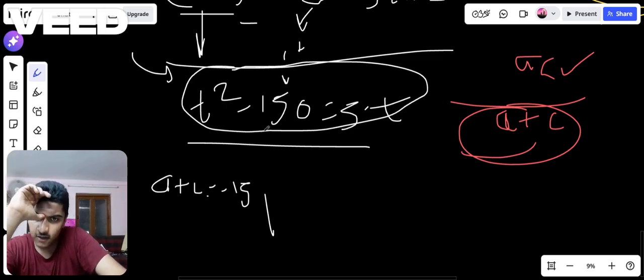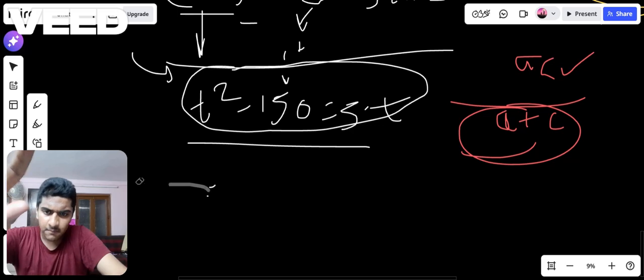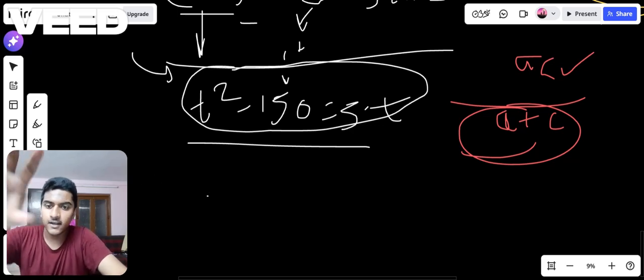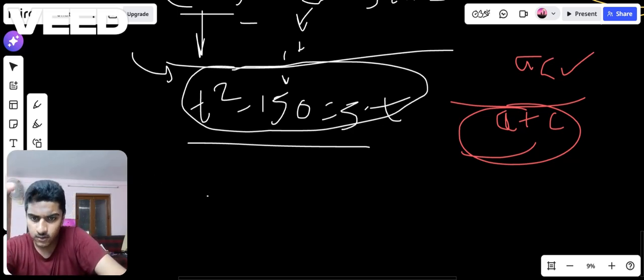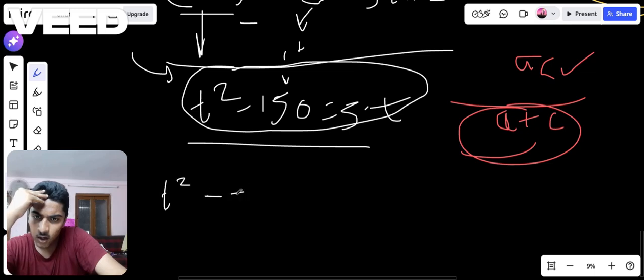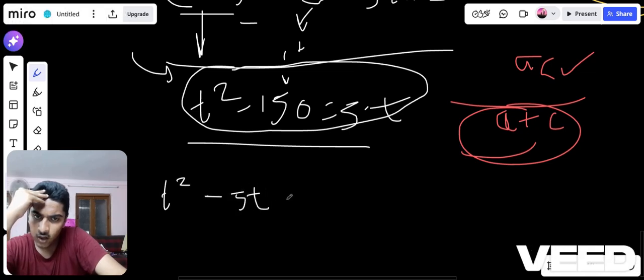Whatever it may be, let me first check what value is coming. So we are getting t square minus 5t minus 150 is equal to 0, right?